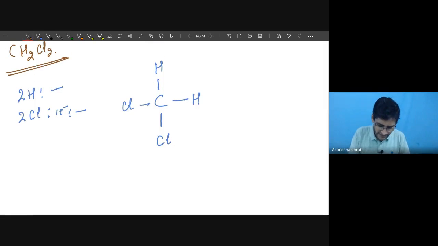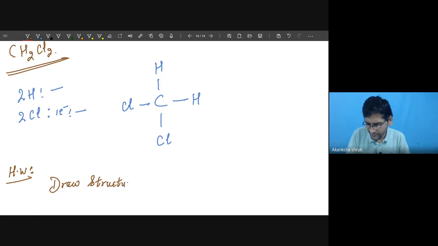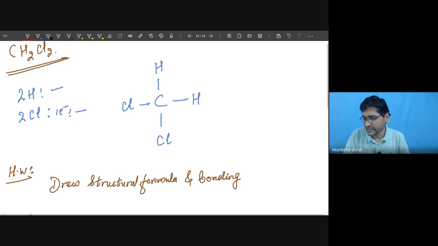With all this, take the homework. Draw the structural formula, or bond structural formula, and bonding. Bonding means whether single bond, double bond, those also you have to write for the following.